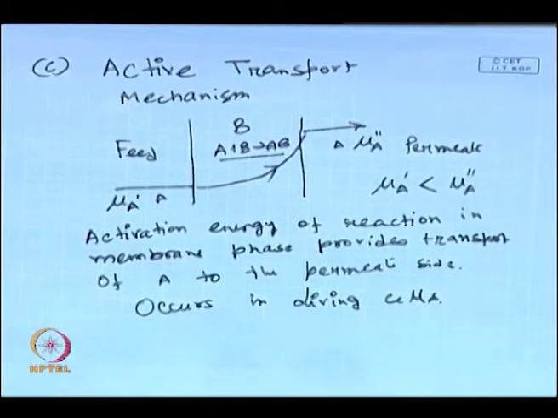So, these are the various transport mechanisms which we will be encountering in membrane based processes, and in our course we will be basically looking into the first two transport laws. One is the facilitated transport, another is the passive transport. Now, we can describe the transport process by a phenomenological equation.